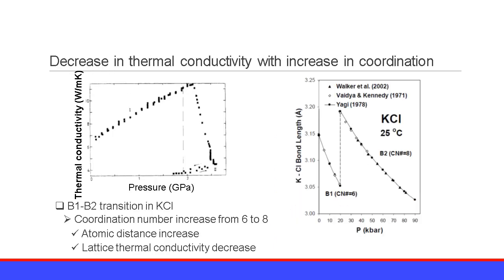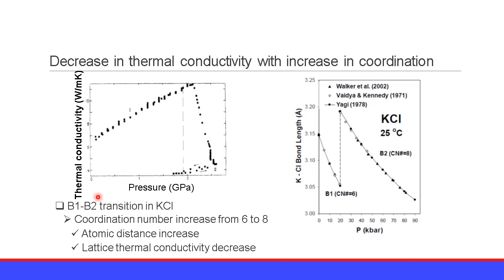This slide shows the change of thermal conductivity with phase transition in coordination number change. The working sample is potassium chloride. Potassium chloride shows the B1, B2 transition with increasing pressure around 2 GPa. B1 structure coordination number is 6 and B2 structure coordination number is 8.